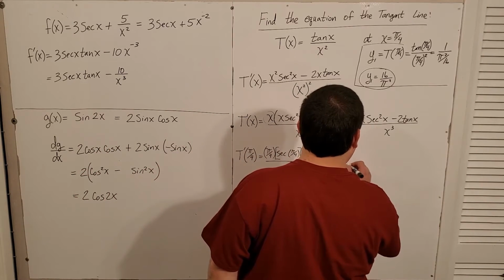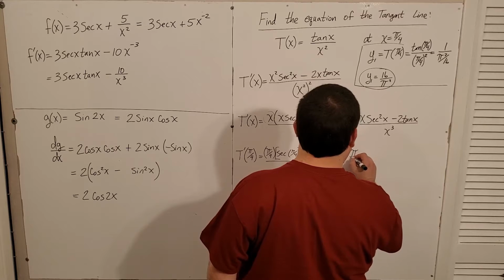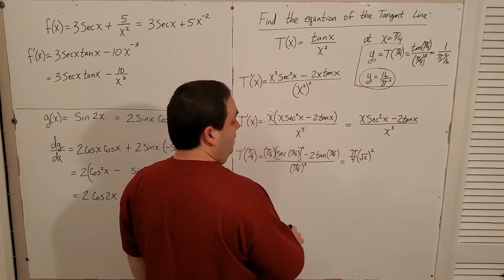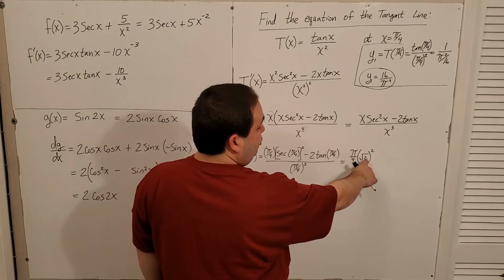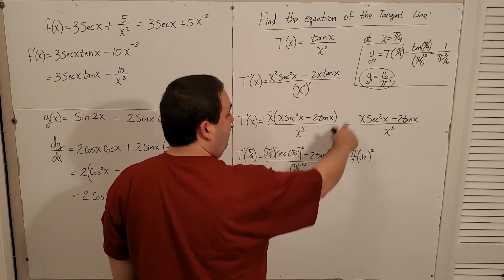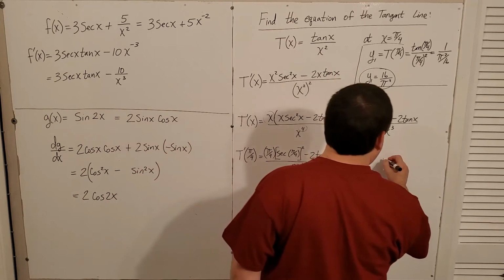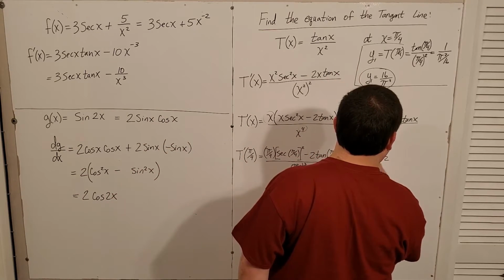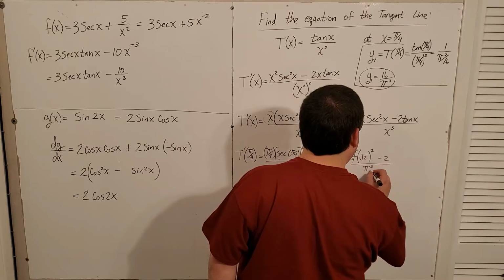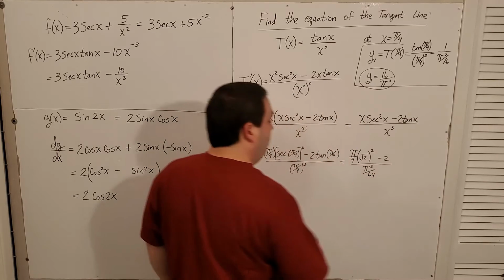So here's what I've got. I've got pi over 4 times the square root of 2 squared, which is going to give me 2 times pi over 4. And of course, tangent of pi over 4 we already saw is 1. So I've got minus 2 over, I've got pi cubed over 64 in the bottom there.